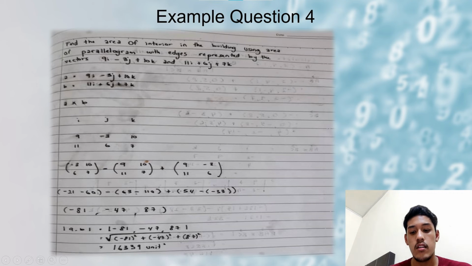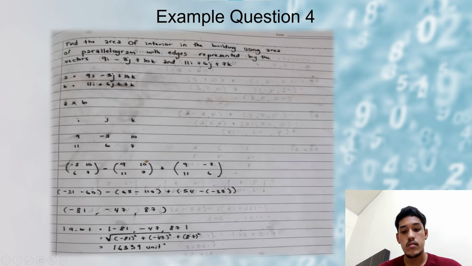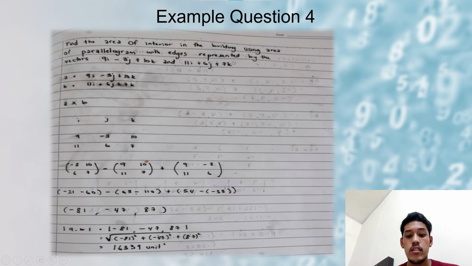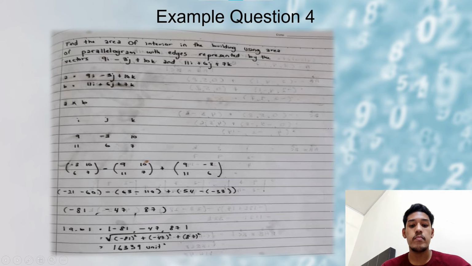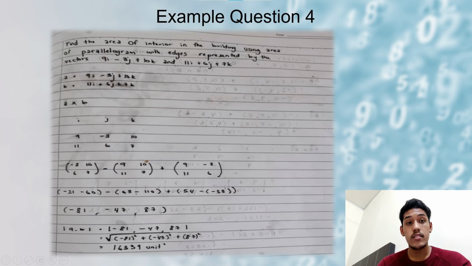Next we are going to multiply: negative 3 times 7 minus 10 times 6, minus 9 times 7 minus 10 times 11, plus 9 times 6 minus negative 3 times 11, and we get the answer negative 81, negative 47, and 87.